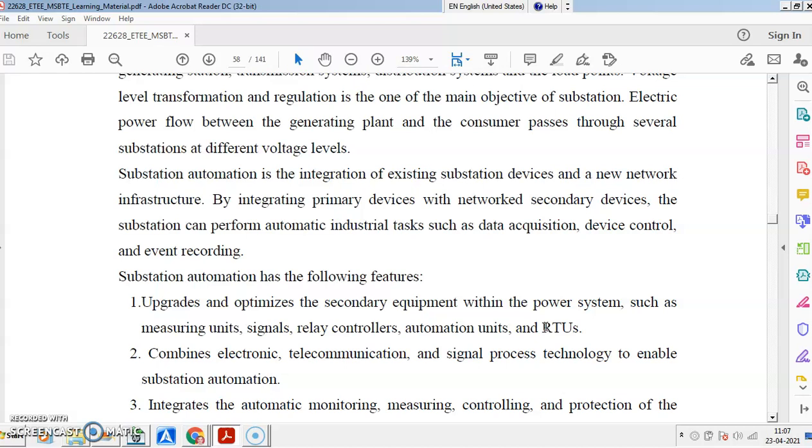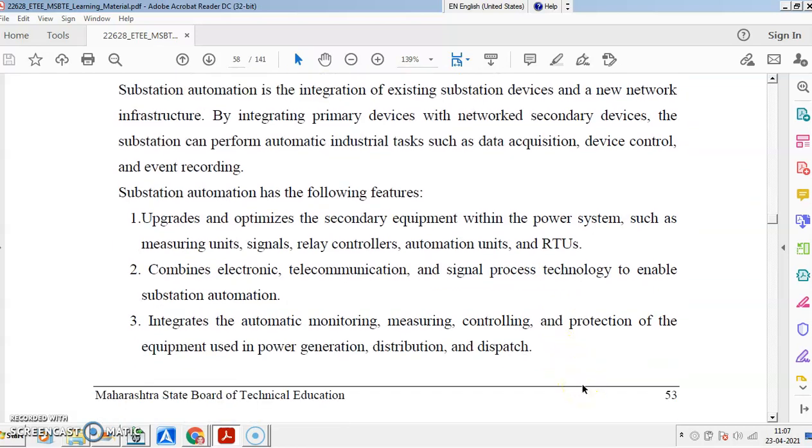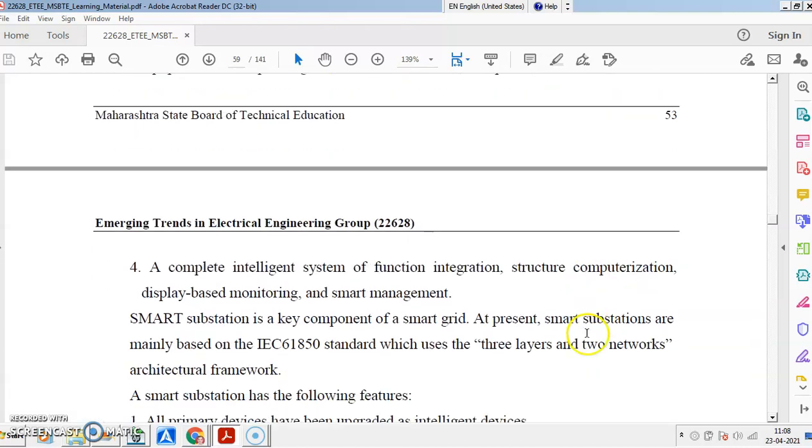Combined electronic, telecommunication and signal processing technology enables substation automation. It integrates automatic power monitoring, measuring, controlling and protection of the equipment used in power generation, distribution and dispatch. It is a complete intelligent system that can be installed, with function integration, structure, computerization and a display based on monitoring and smart management.